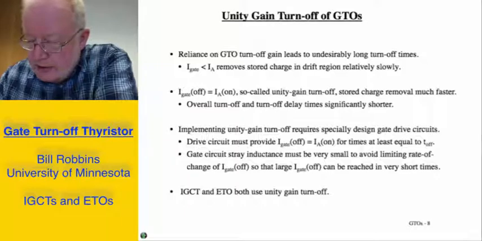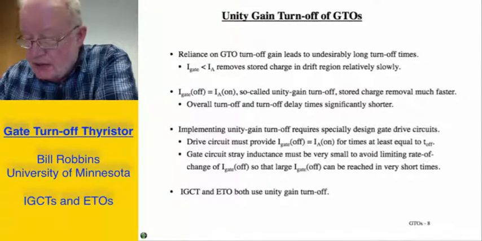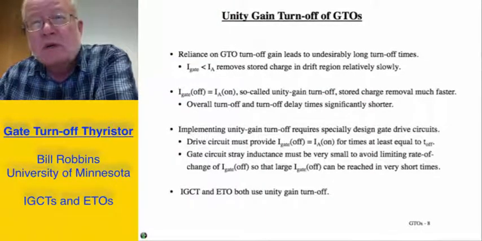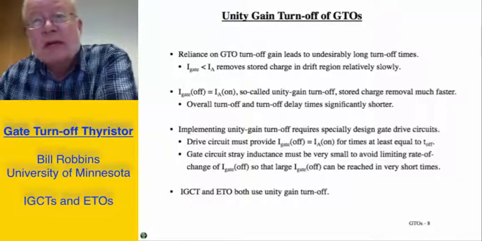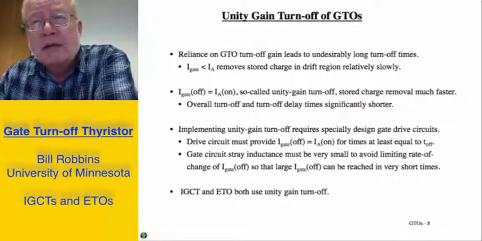When we rely on the turnoff gain, this leads to undesirably long turnoff times because the gate current is only a fraction of the anode current, and it's the gate current that's pulling that stored charge out. If we could make the gate current equal to the on-state anode current, we would have a much larger current pulling the stored charge out, and thus we would minimize the time it takes to pull all the stored charge out.